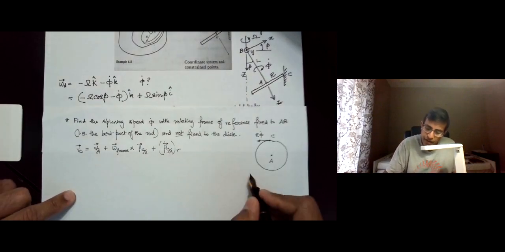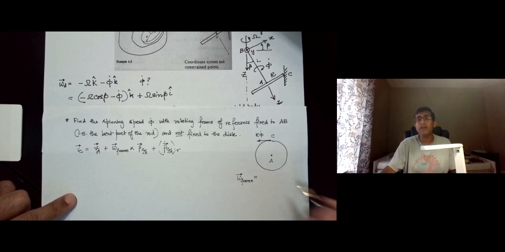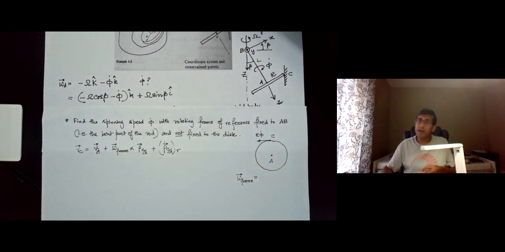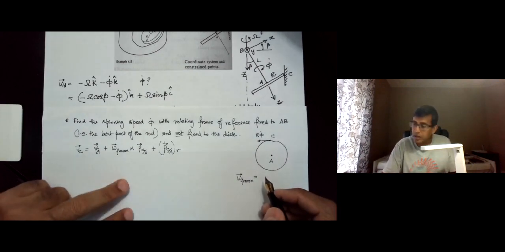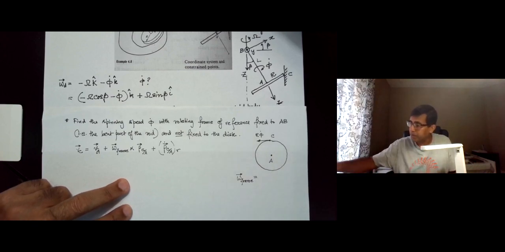Furthermore, the angular velocity of the frame in this case is going to be the angular velocity of the XYZ triad, because you are indeed fixed to the bar AB, and the angular velocity of the triad we just wrote on the previous page.